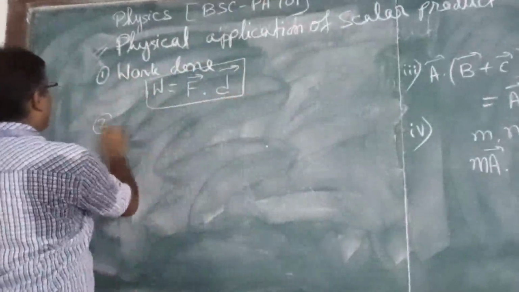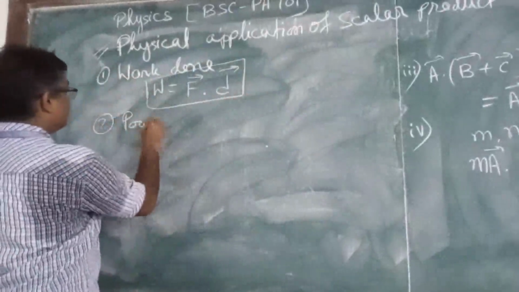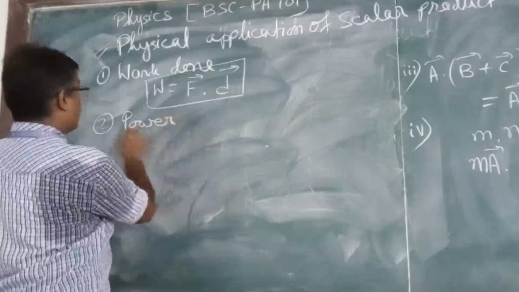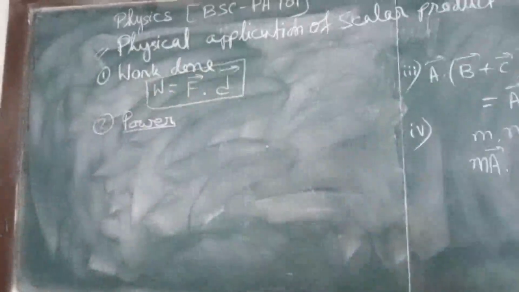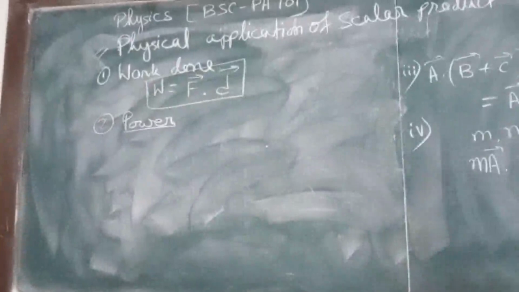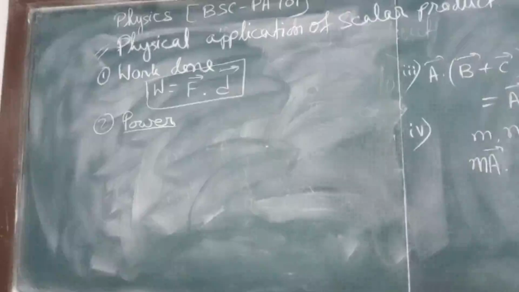Now, number two, power. What is power? Rate of work done.